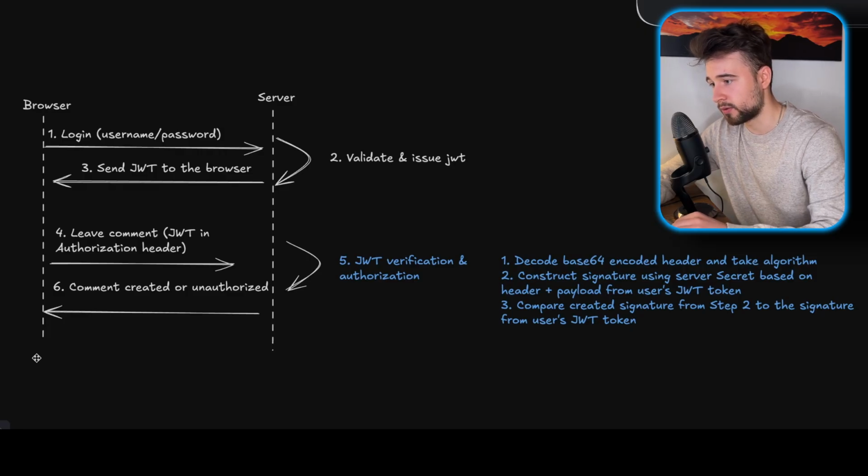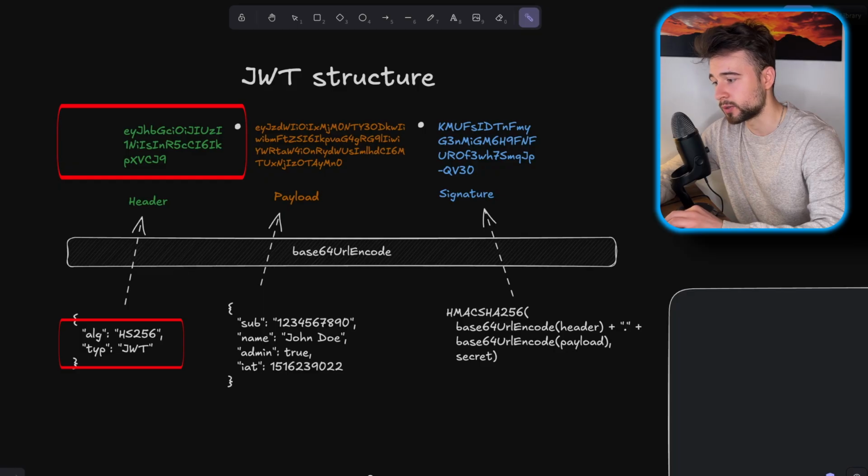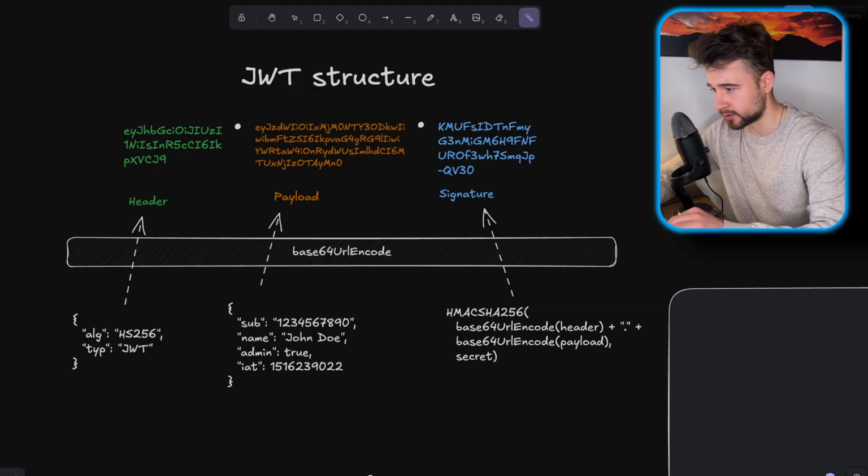So let's say we got a certain token from the user. In the first step, we decoded this part, and now we know that this algorithm is used, allegedly, to create the signature.